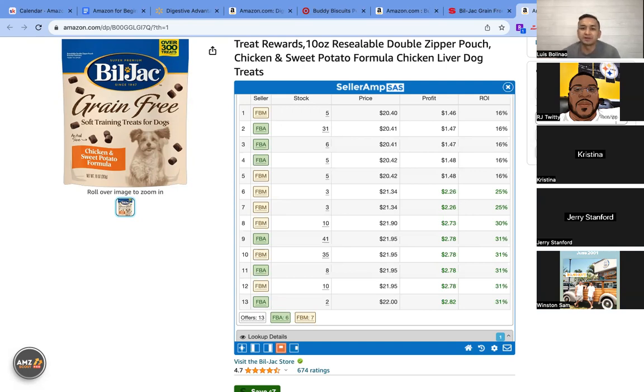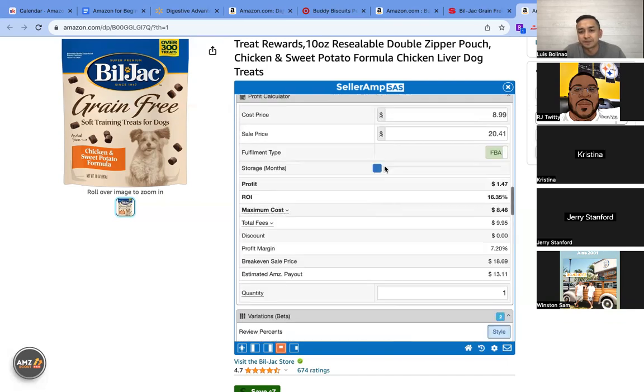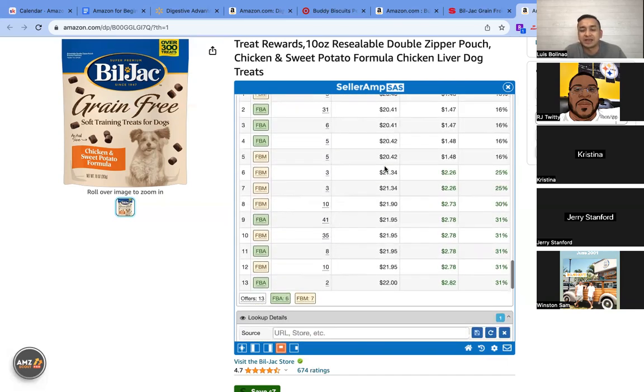A little bit of both. For this one, I'm looking at everyone just because they're priced pretty close to each other, 20, 21, 22. So for this example, I'm looking at the whole thing, because the way the buy box works and how the share works is really not clear.